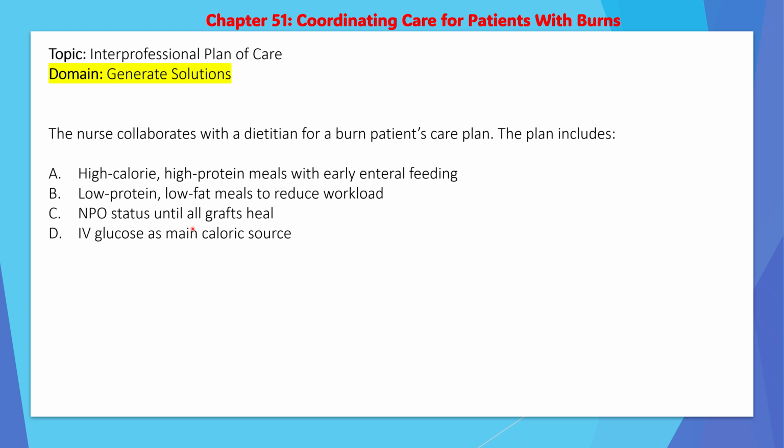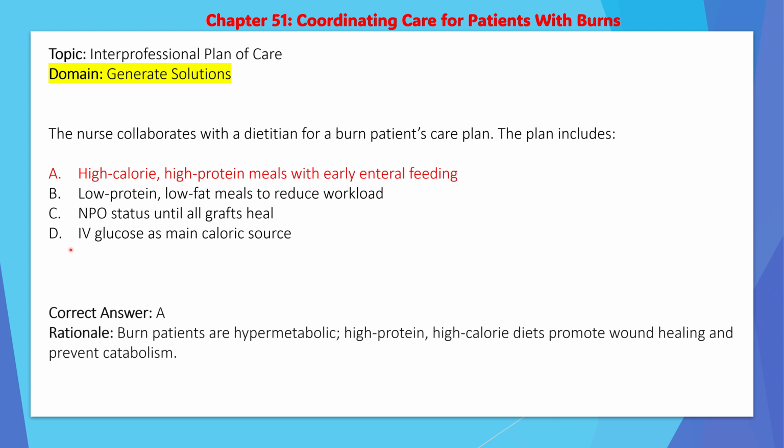C. NPO status until graft. D. IV glucose to maintain caloric source. The correct answer is high calorie, high protein meals with early enteral feeding, because burn patients are hypermetabolic, and high protein, high caloric diets promote wound healing and prevent catabolism.